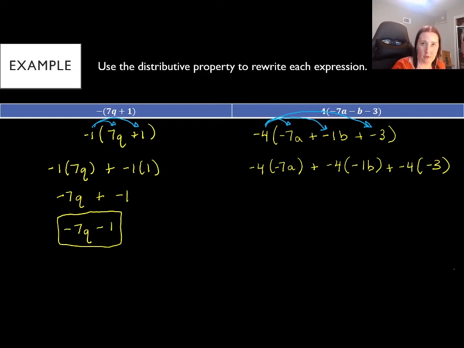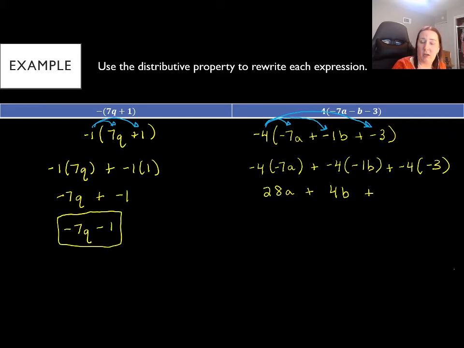Now we're going to multiply all of our numbers. Negative 4 times negative 7. Negative times a negative is a positive. 4 times 7 is 28. So that's 28a plus. Negative 4 times negative 1 gives us a positive 4, so that's 4b plus.